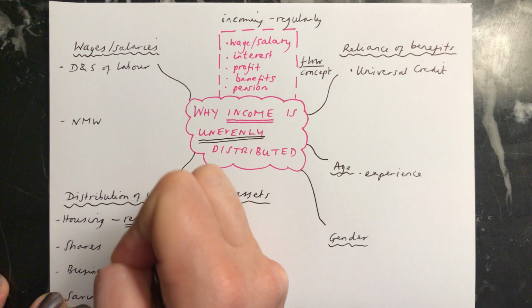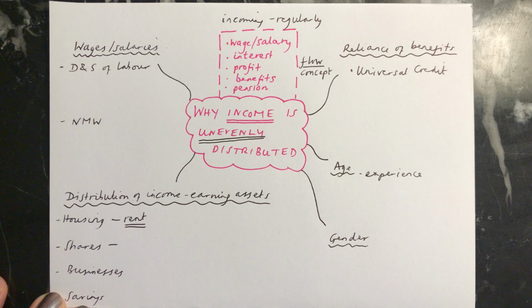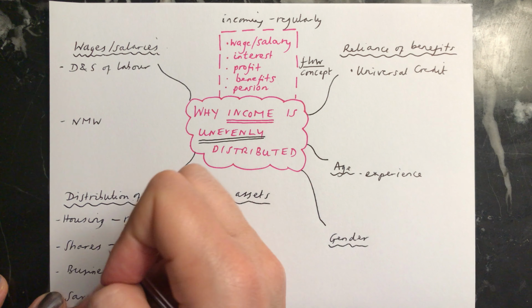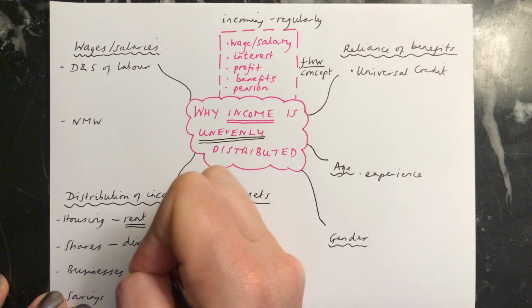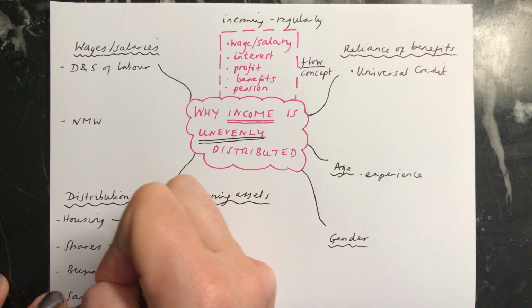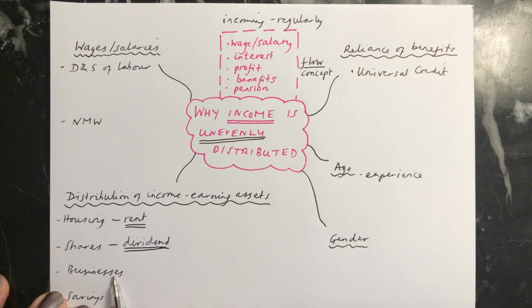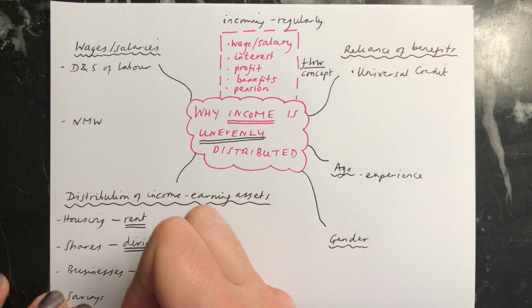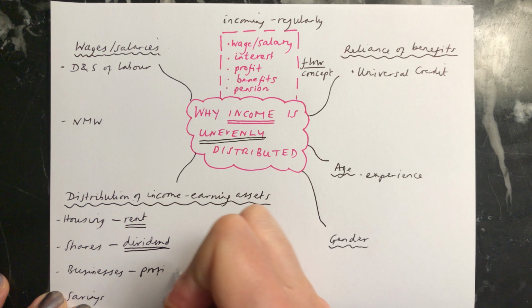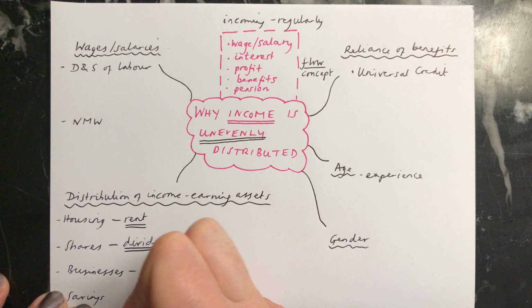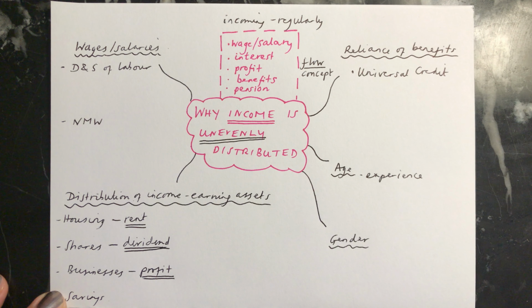income. If you own shares in a company, then if the company makes profits and they decide to give some of that to their shareholders, the shareholders will receive a dividend, and that is a type of income. If you own your own business and you just receive the profits from that business, then that profit would be another form of income.